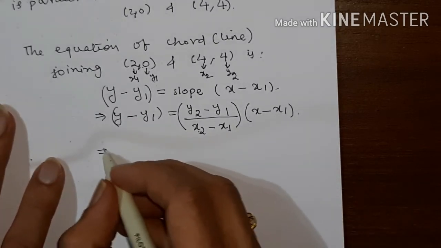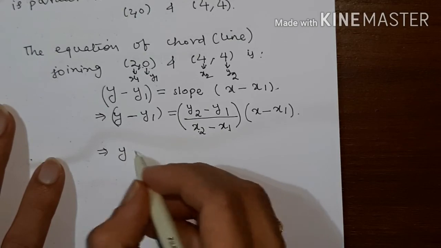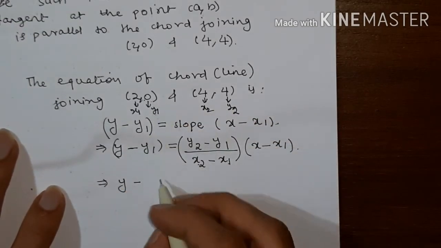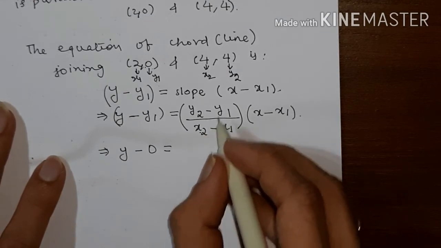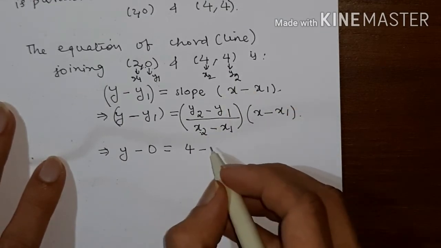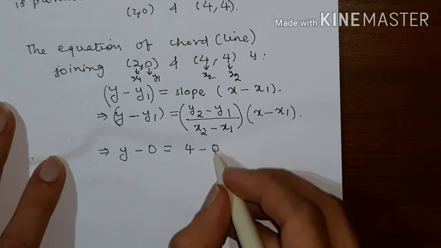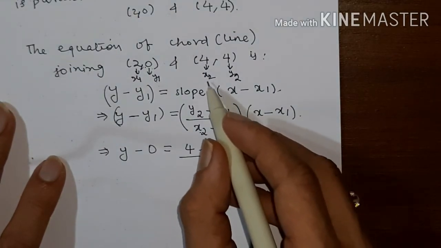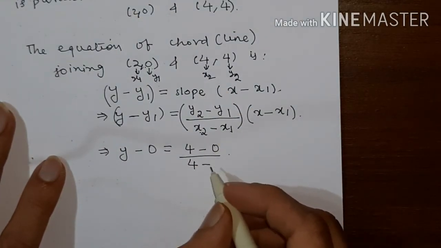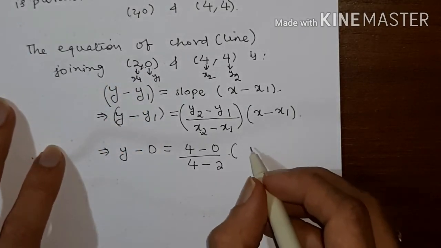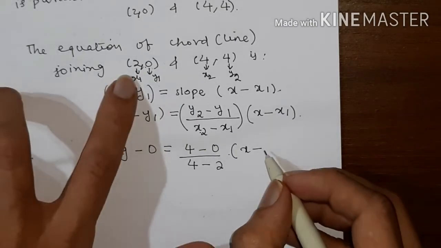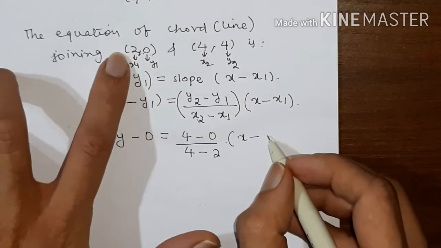So now what you'll get here: y minus y1, which is 0, equals y2, which is 4, minus y1, which is 0, divided by x2, which is 4, minus x1, which is 2, multiplied by x minus x1, which is 2.